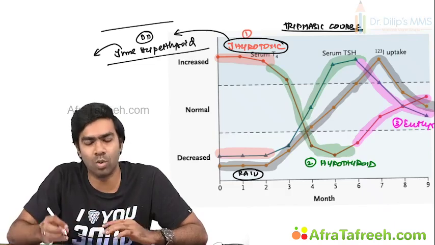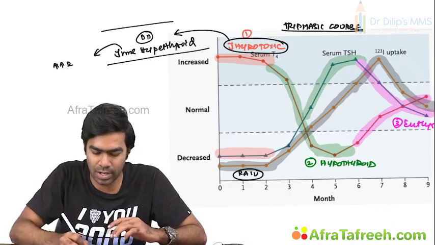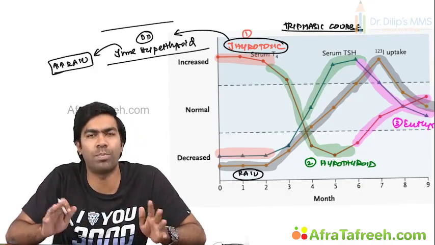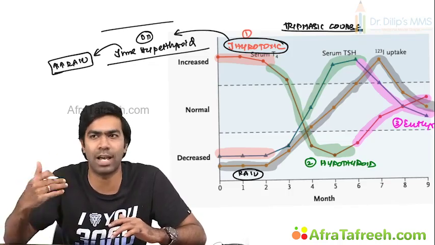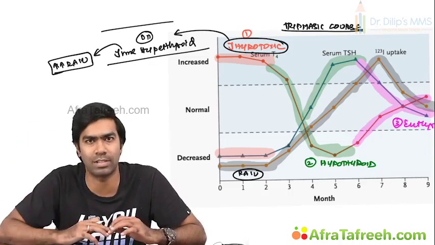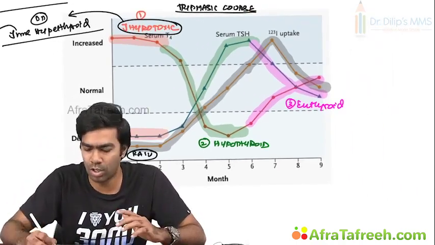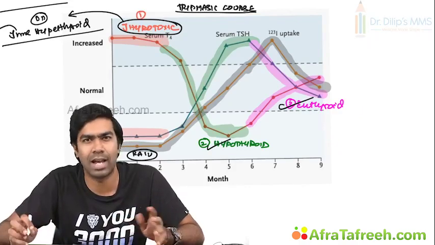So in a true hyperthyroid state, definitely your radioactive iodine uptake will be increased. That is one of the most important things that you have to note as far as the thyrotoxic phase of thyroiditis is concerned.